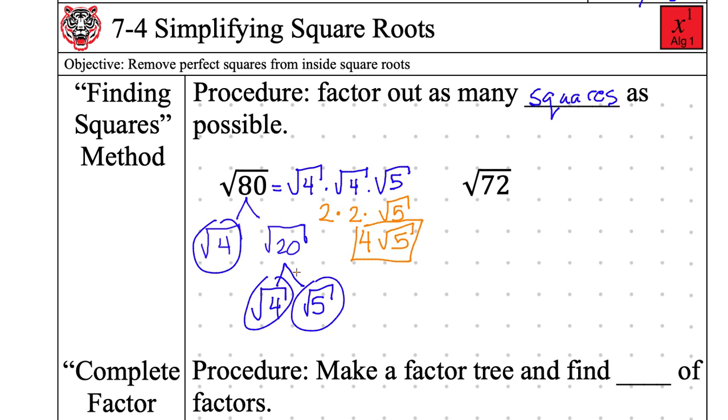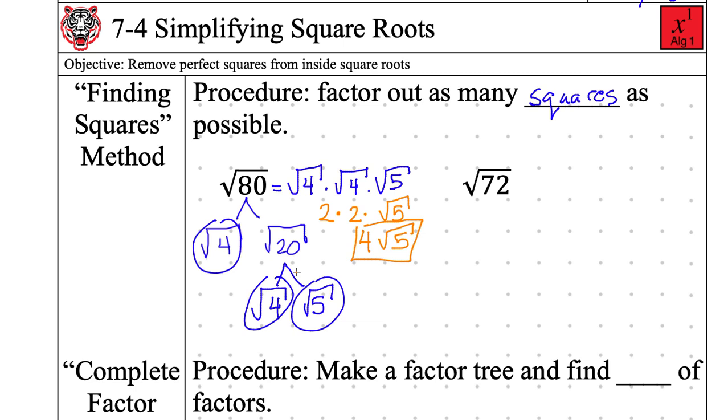Let's try another one. Let's try the square root of 72. Does anyone see any perfect square that goes into 72? I see one hand. It's kind of hard, right? What on that list?